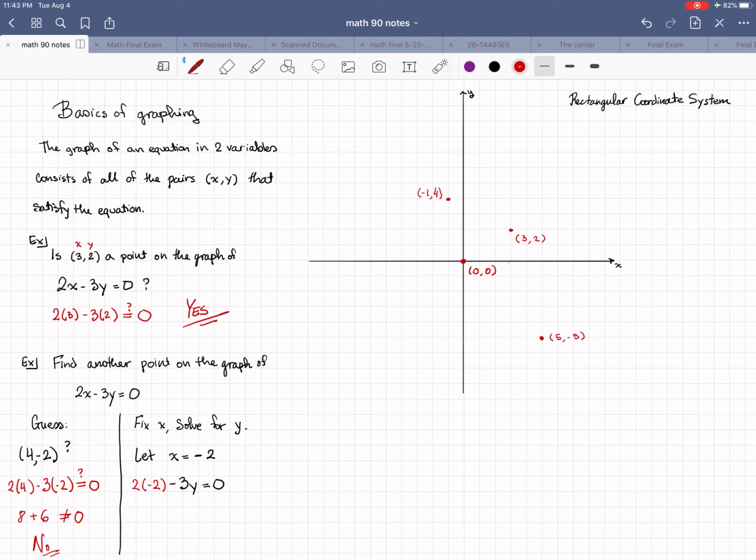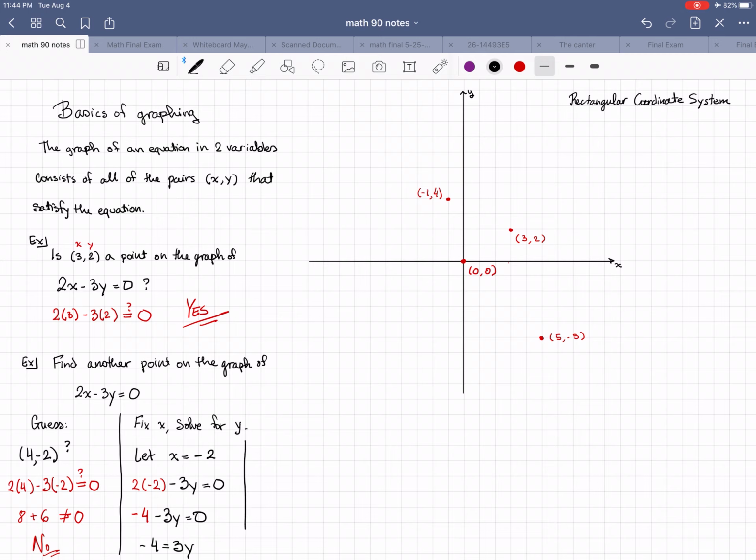So I'm solving this for y. 2 times -2 is -4. Minus 3y is equal to 0. One thing you could do is add 3y to both sides. And so what you'll get here, dividing both sides by 3, is that y is -4/3.